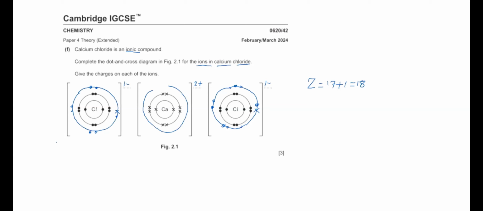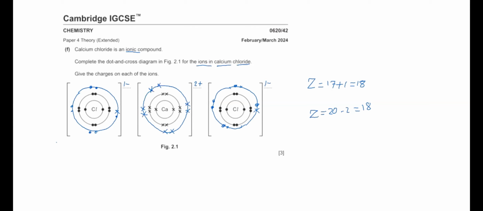Calcium has atomic number 20 and it has a 2+ charge. It also has 18 electrons, but show all these 18 electrons in the same way as it is here, in the cross, because it has lost the electrons, so there would be no other sign for the electron.